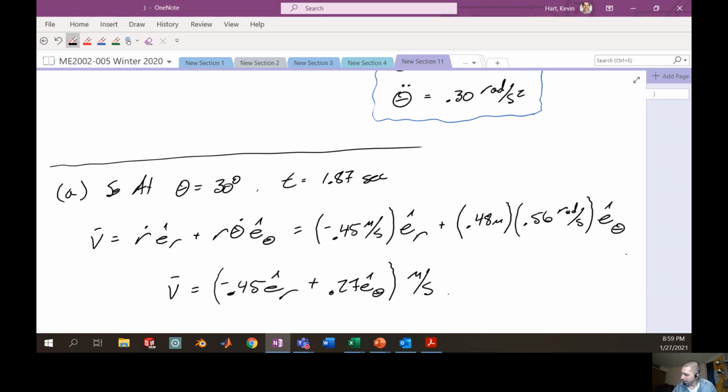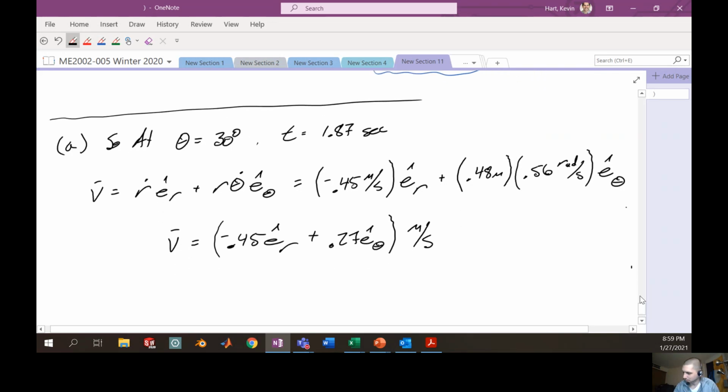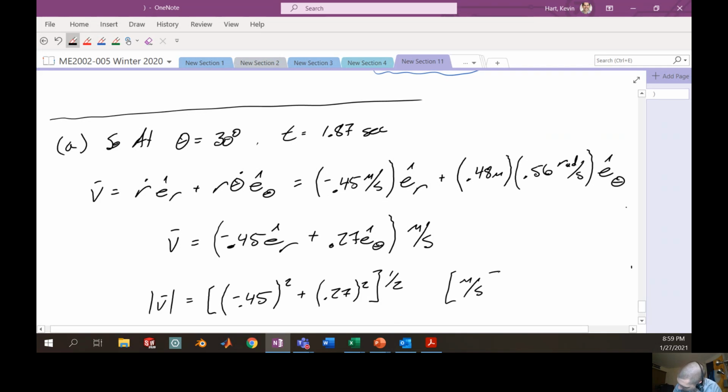If you're interested in the magnitude of the velocity, which you might be, you go about it in the same way that you would the magnitude of the velocity in rectangular components or with normal and tangential components. That would be each one of these individual bits squared, and taking the square root. Units here still meters per second.